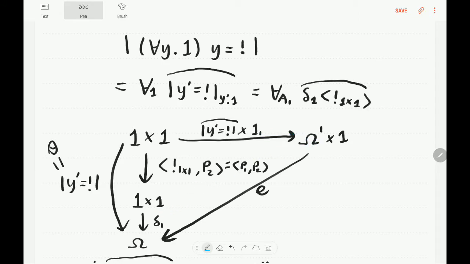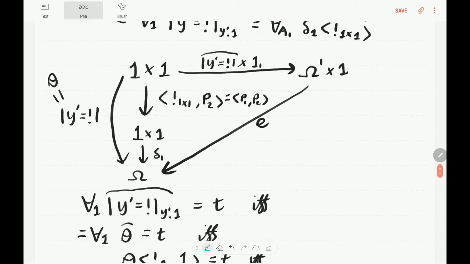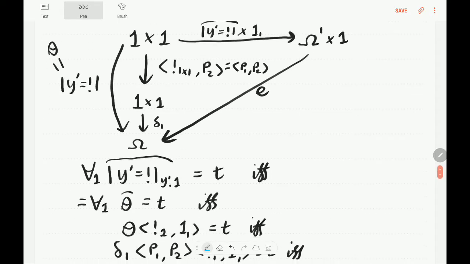Now, we have this diagram here representing this sort of exponentiation thing, and the thing is that for all 1 of the transpose of this is going to be true, well, this thing we're calling theta, so if and only if for all 1 of theta bar is true, and since this theta bar is just a point in this power object here, this is the case if and only if the arrow here, which theta bar is the name of, is constantly true.